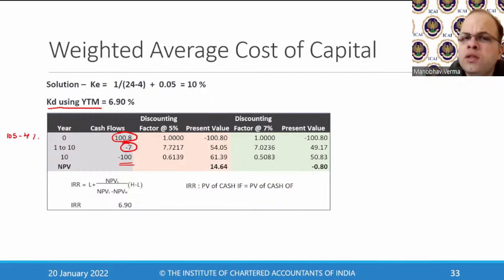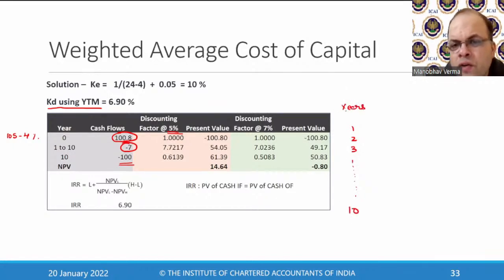So what I took was first discounting rate as a random 5%. Someone was asking me how to calculate the discounting factor. So let me just give you a good indication here. Let us say these are different years, year 1 to 10, my cash flow is same, guys. Interest 7. So here we will be using 1 upon 1.05, whatever the rate is. 1 upon 1.05 square. 1 upon 1.05 cube.